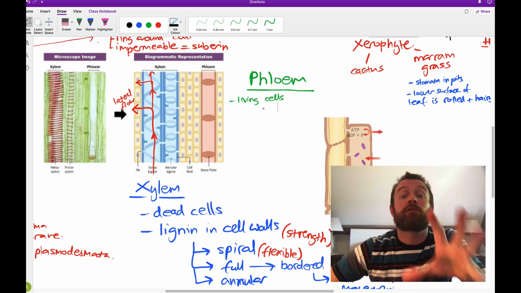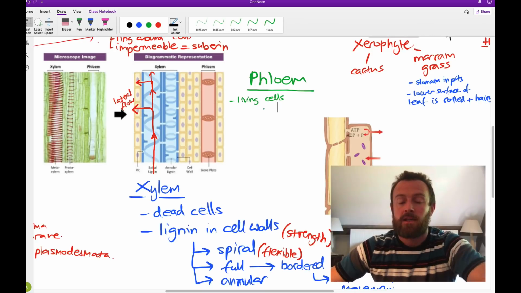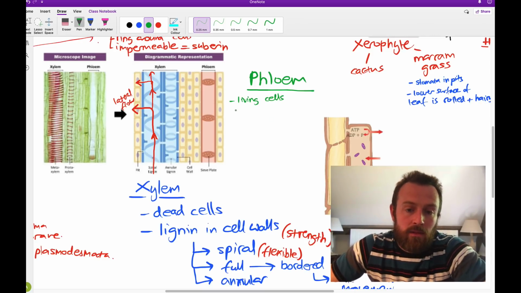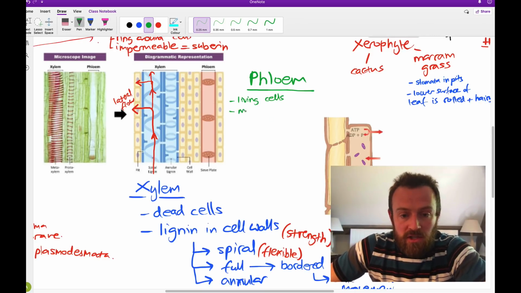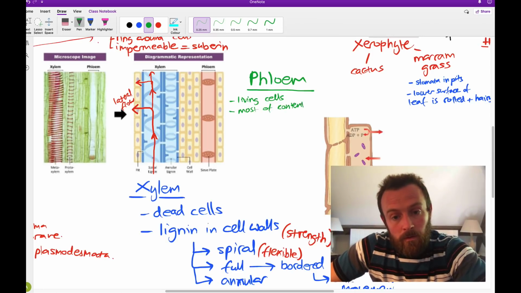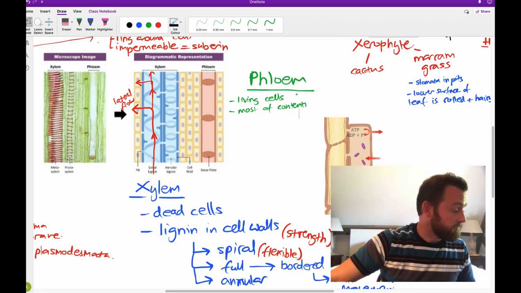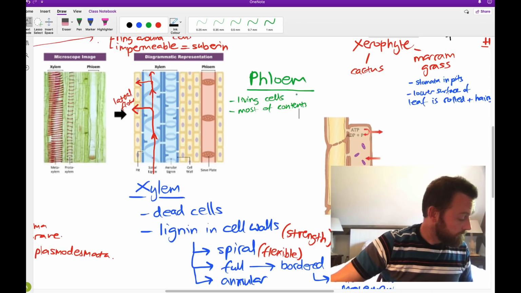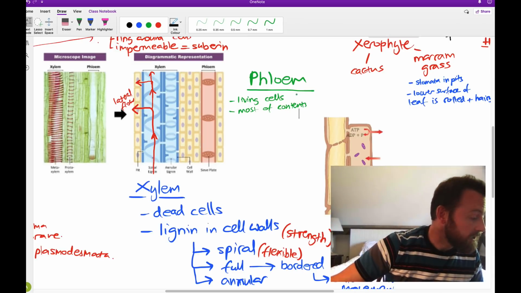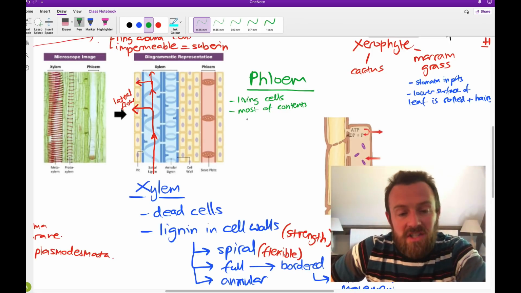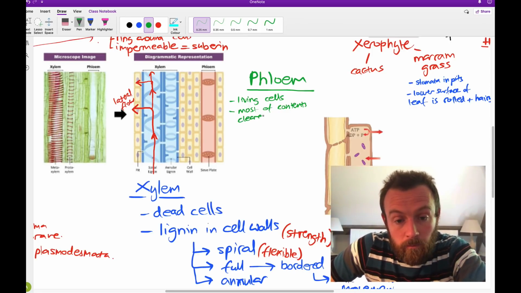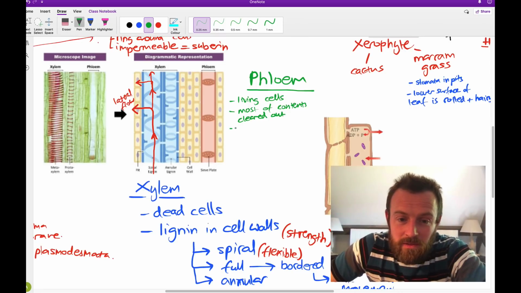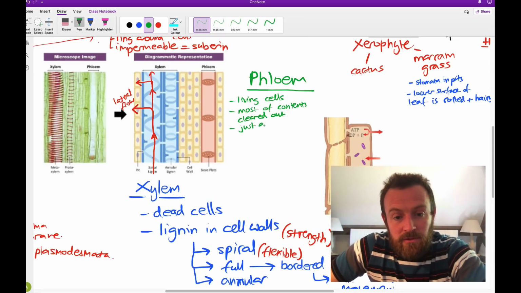Unlike the xylem, they don't go fully and completely die, but there's not much in the middle. So living cells, most of the contents have been cleared out. Let's say most of the contents are cleared out, and just a little cytoplasm left.